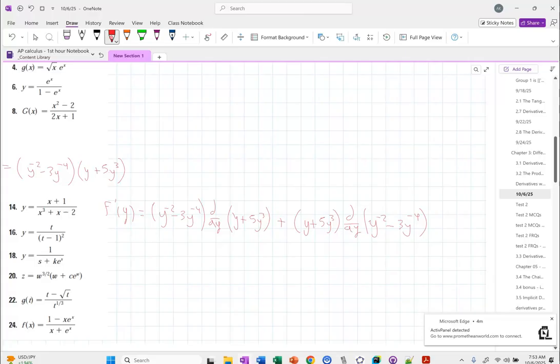Lucas, are we okay with that initial step? And the derivative of y plus 5y to the third is just going to be 1 plus 15y squared, right? Everybody feel good there?